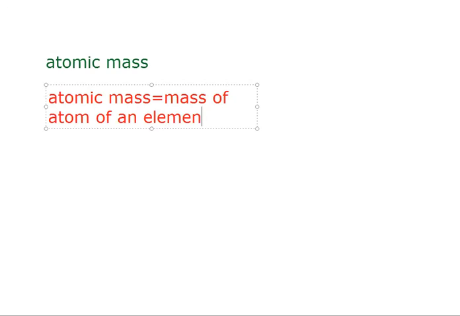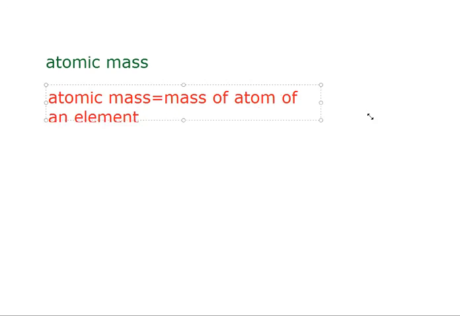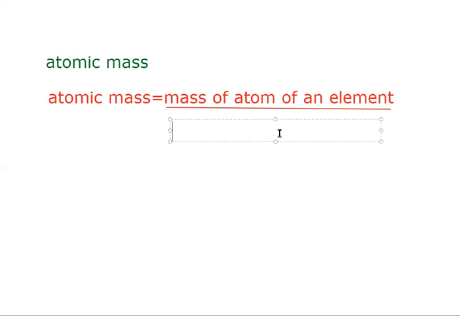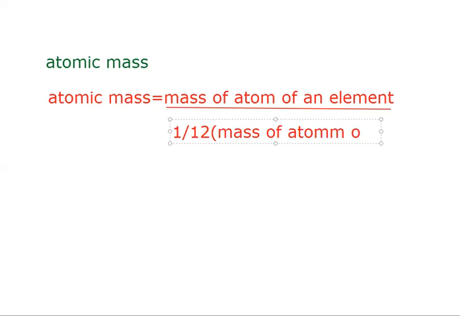of an element. Okay, so whichever element's mass you want to find, you have to keep that for calculating the mass of an element. And besides that, it has to be divided, as I told you, in comparison to carbon-12, so divided by 1/12 mass of atom of carbon.